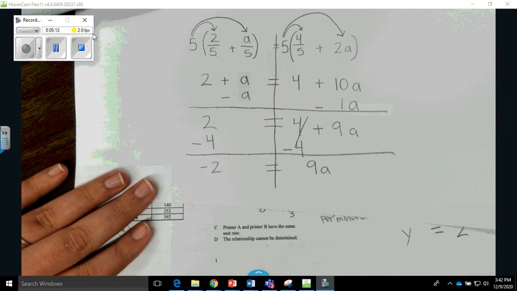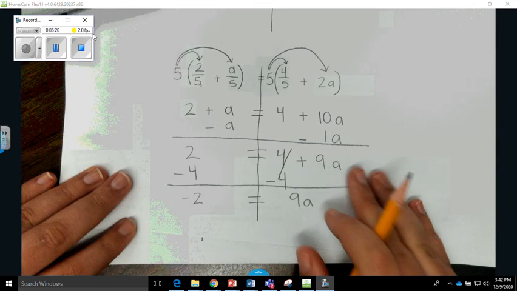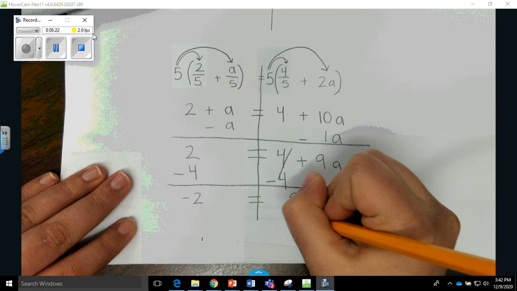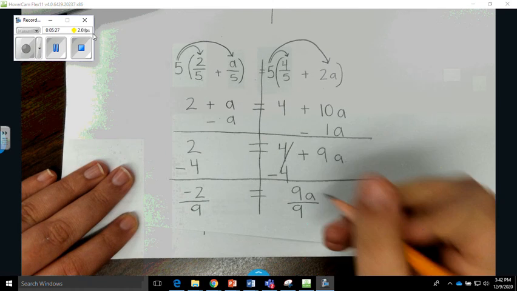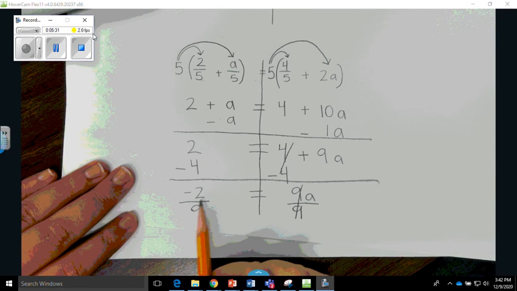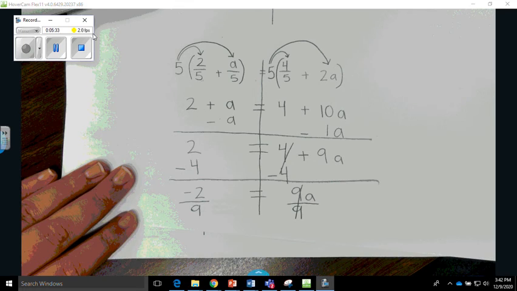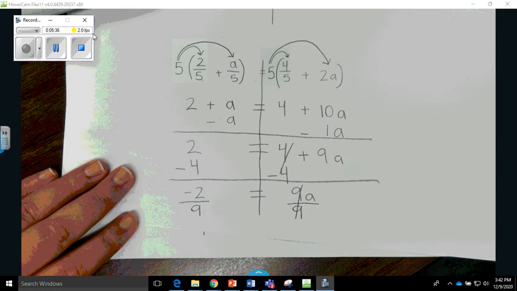Okay, we have one more thing to do. We still need to get a alone. So right now it's multiplying times 9. So we need to divide. Let's do the opposite, or the inverse. Let's divide by 9 to both sides. That will take care of the 9s. And I'm left with negative 2 over 9 equals a. Can you take 2 and divide it by 9?